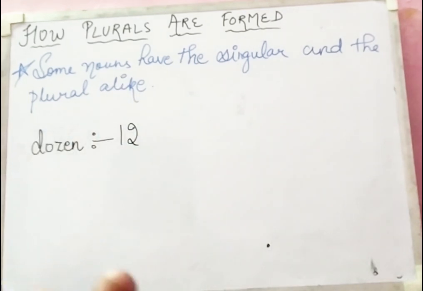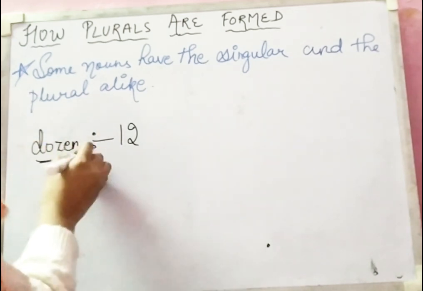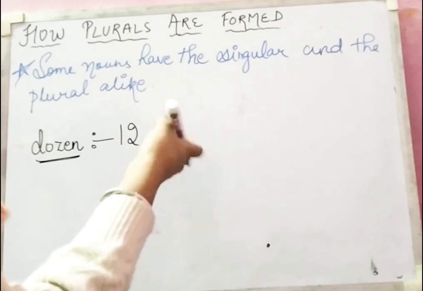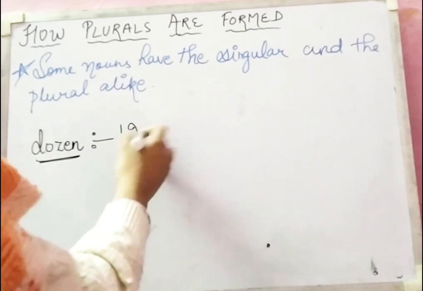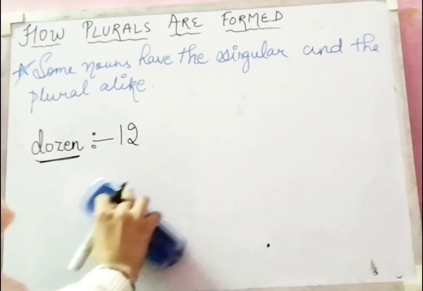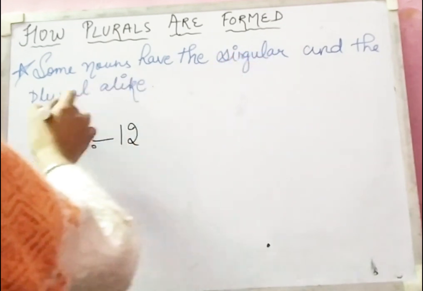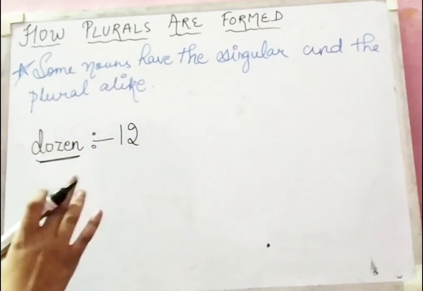Means dozen consists of 12 pieces. Like if you buy banana, you will not say give me 1 kg of banana. Bananas are in dozen, means 12 particularly. Means dozen cannot be changed into 6, 4, 3, 2, 1, 5. We can't say that dozen is 2. This is particular. So this is not a singular, means singular and plural are alike.